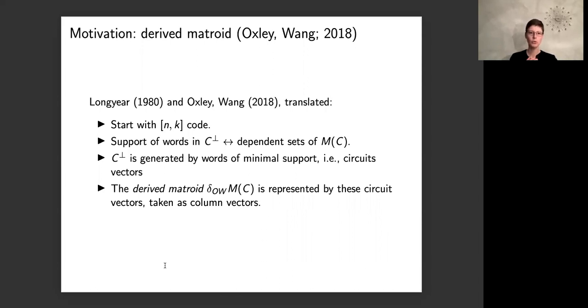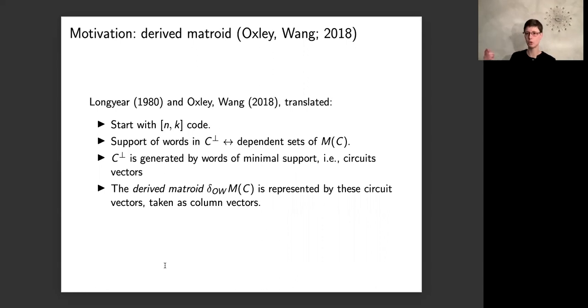And what did they do? Well, they started with a code. And it's a well-known thing that if you look at the supports of words in a code, remember, my code was a k times n matrix, and I'm looking at elements in the row space. These are the words. And now I'm not looking at the words in the row space, but in the null space.